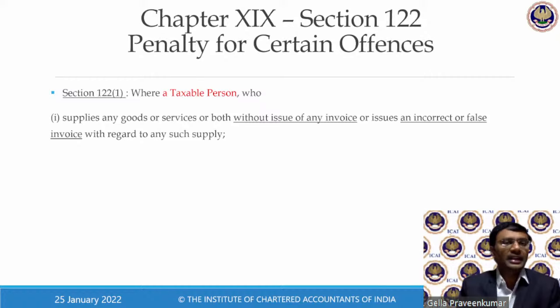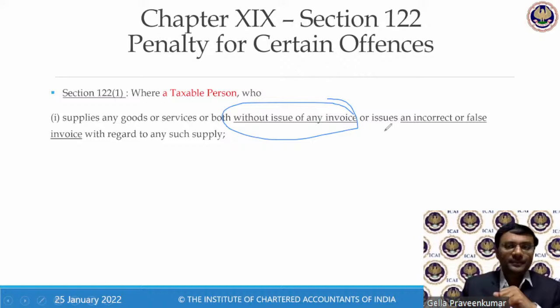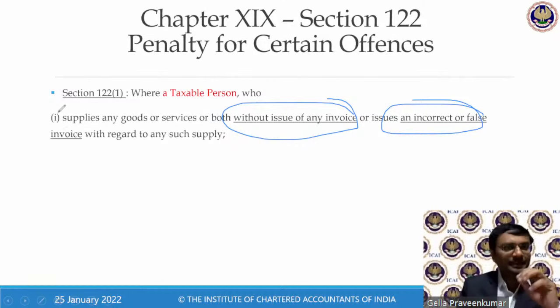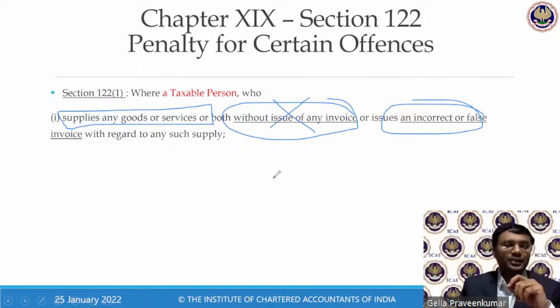Now, section 122, first point: where there is a supply of goods or services or both without issuing a tax invoice, or issuing an incorrect or false invoice with regard to any supply. So there is a supply where an invoice is to be issued but not issued.